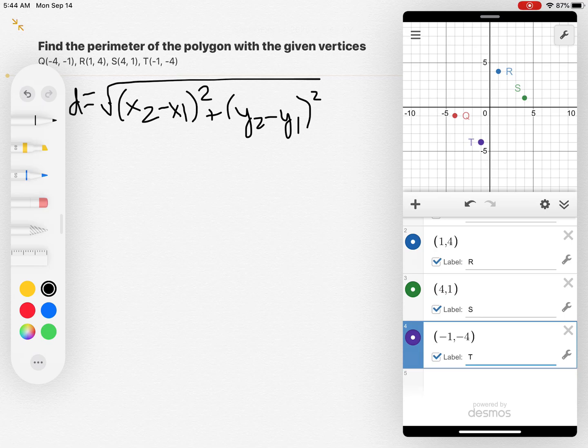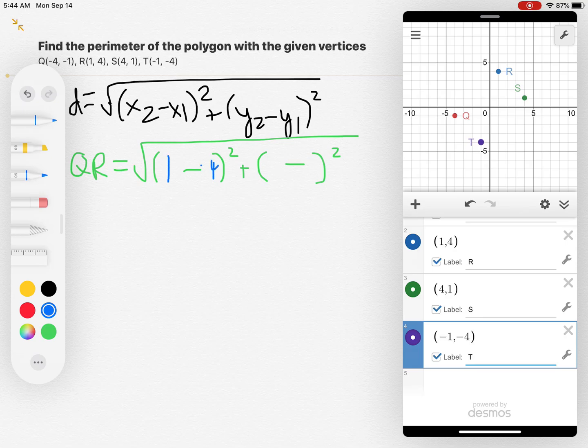So let's start with Q to R, and in the interest of space, I am not going to label my x's and y's. I'm just going to kind of talk my way through it. Let's start with our x coordinates. R's x coordinate is 1. Q's x coordinate is negative 4. Y coordinates.